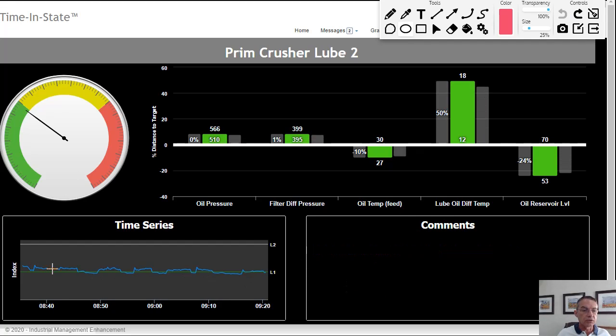This line graph here at the bottom gives us about a 40-minute historical view of this dial's position. So if you look at this particular dial, that needle position, that blue line is the historical view of its exact location within the dial.